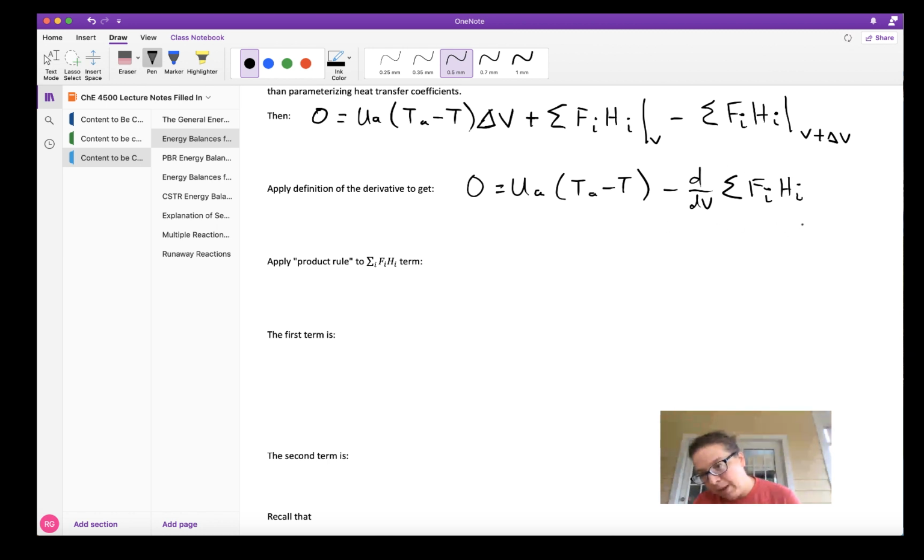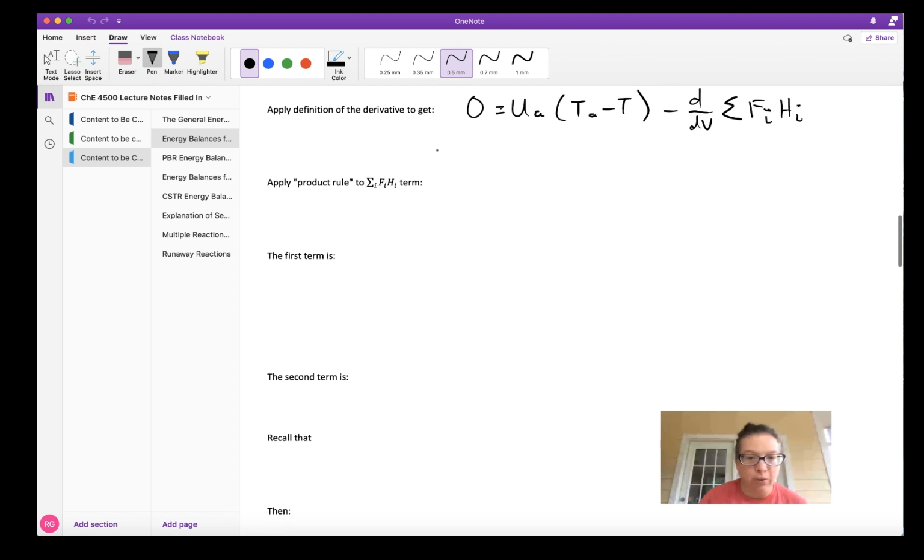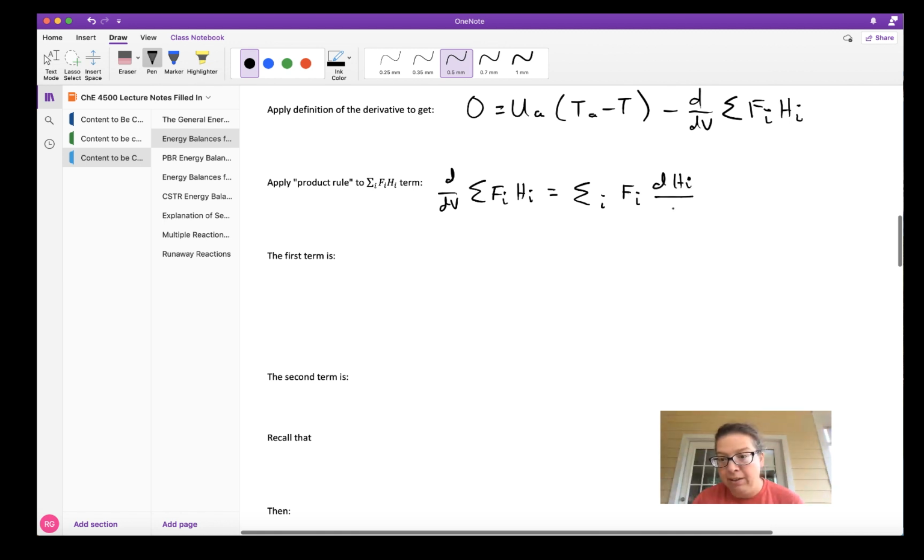So we actually have to apply the product rule on this term. If we apply the product rule, we would say d/dV of sum Fi Hi equals sum Fi dHi/dV plus sum Hi dFi/dV.